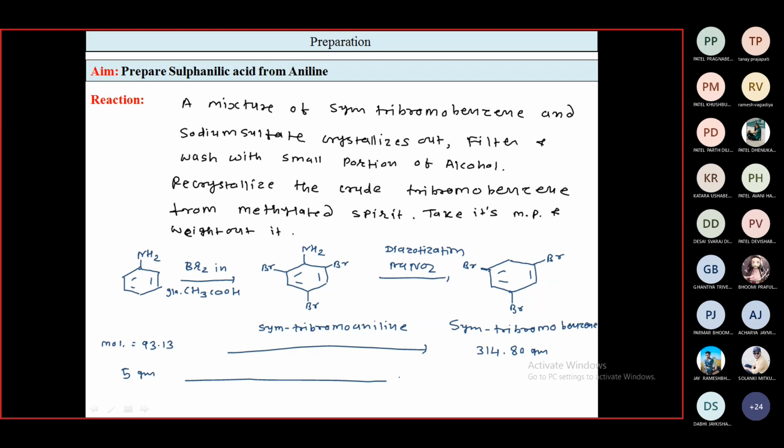So how many gram product will 5 gram aniline give? Theoretical yield is equal to 5 into 314.80 divided by 93.13, which is 16.90 gram. This is your theoretical yield.